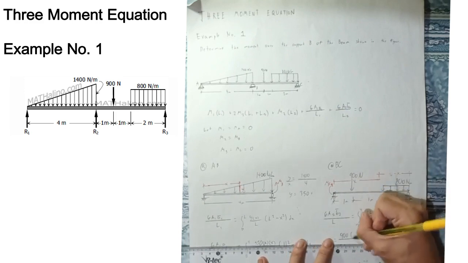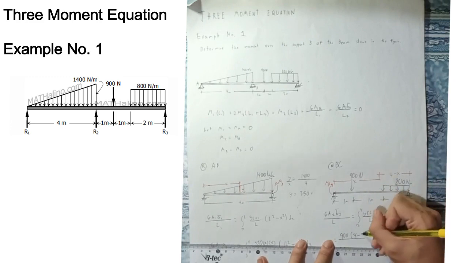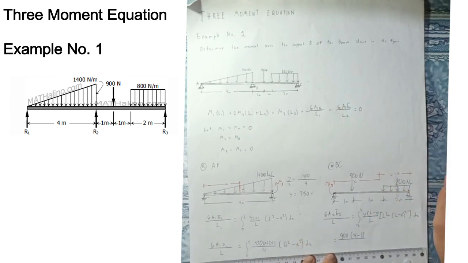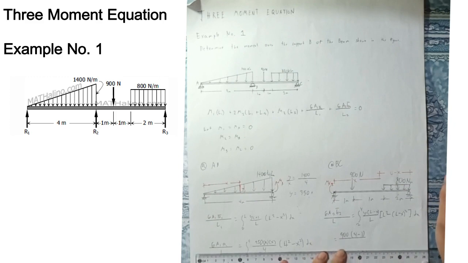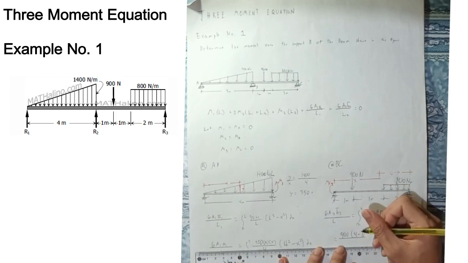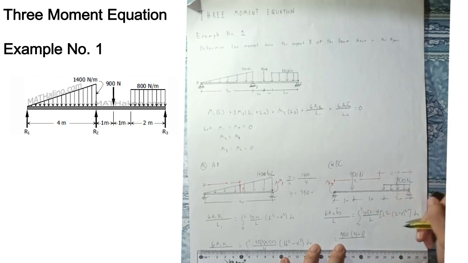So first ang concentrated load, which is 900 times L, 4 minus X, which is 1. Ito ba? Yeah.